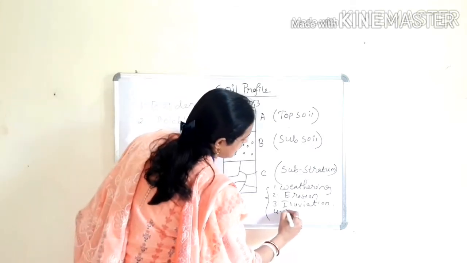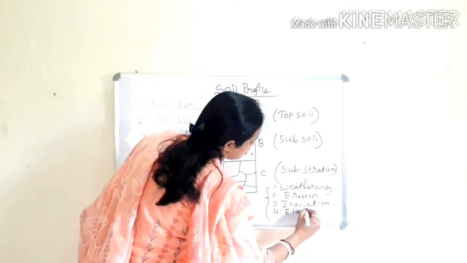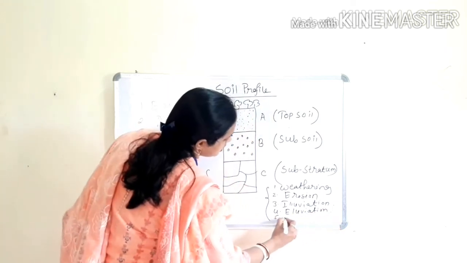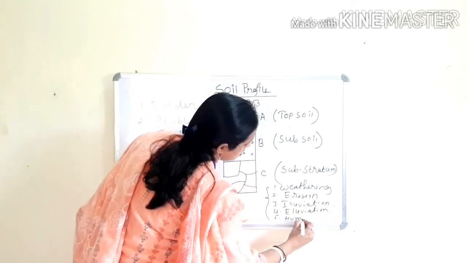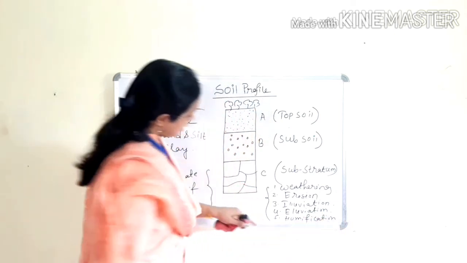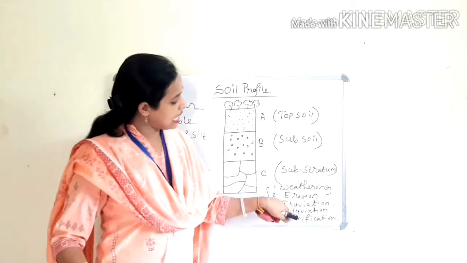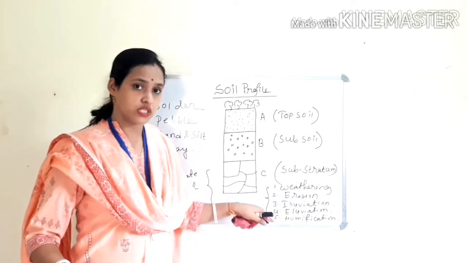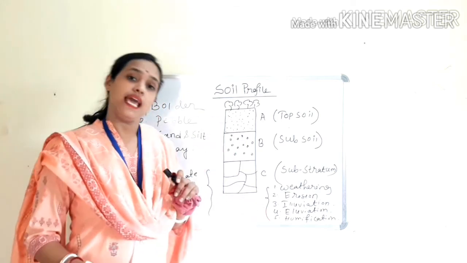Then fourth is humification. The last two, that is alluviation and humification, are involved in A layer.